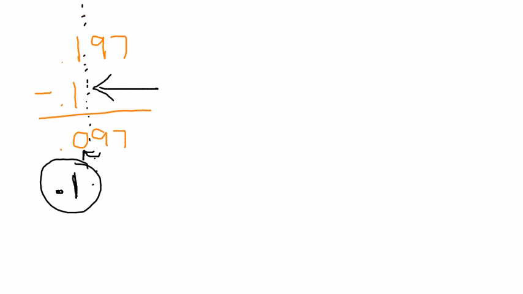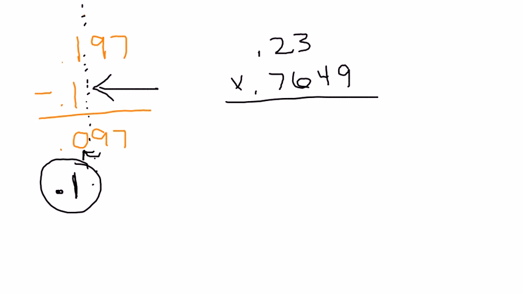4A, we've got 0.23 times 0.7649. Forgive me, I'm trying to read as I'm going through this here. I'm going to go ahead and punch that in my calculator. 0.23 times 0.7649.